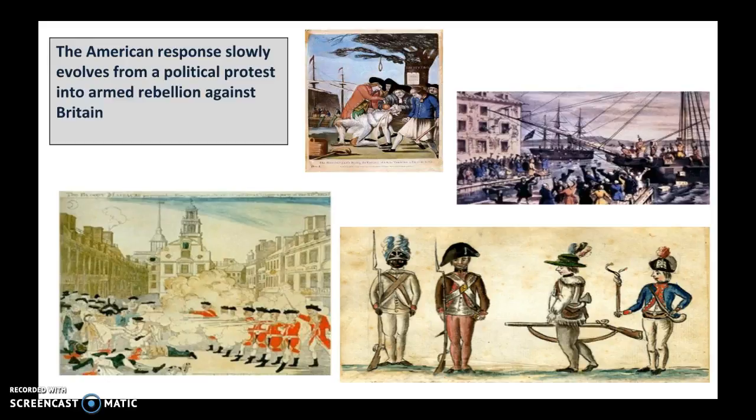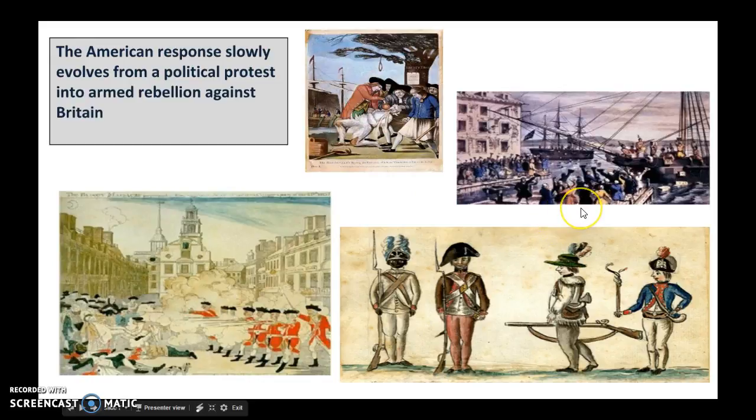American colonists start to respond to what they view as the problems with England by protesting. Peaceful protests turn into violent protests. This image that you see here is a scene with American colonists tarring and feathering a tax collector.